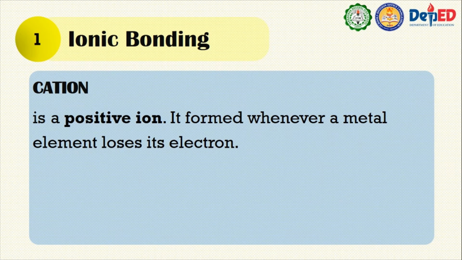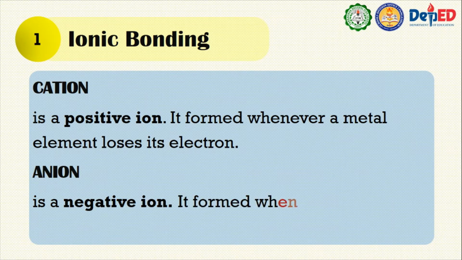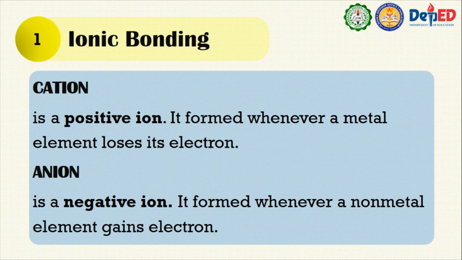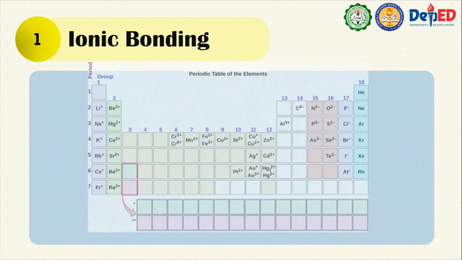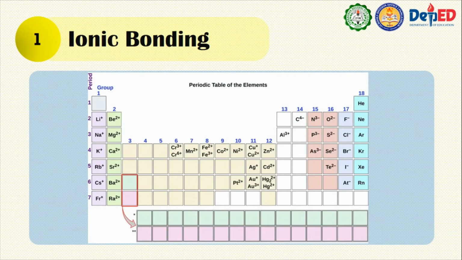It is formed whenever a metal element loses its electron. An anion is a negative ion. It is formed whenever a non-metal element gains an electron. Let's take a look at this periodic table. It contains elements with their charged ions.